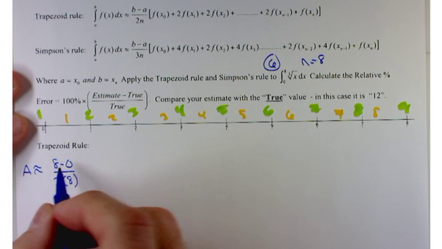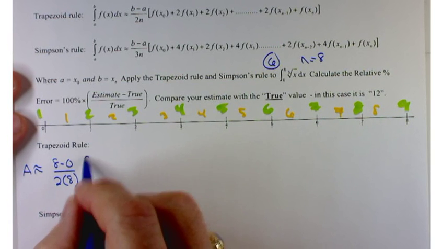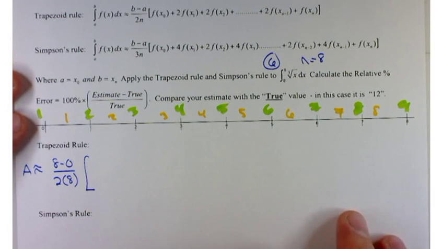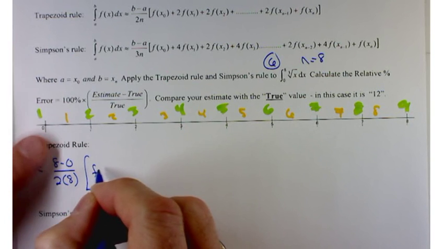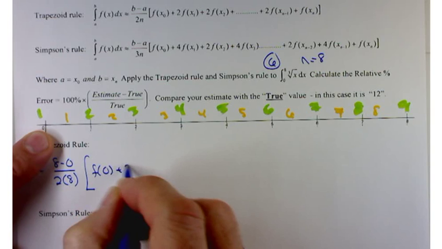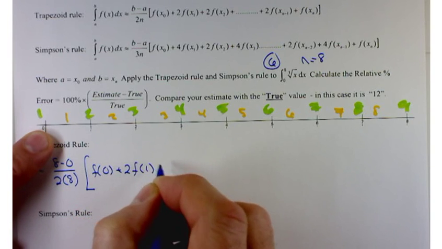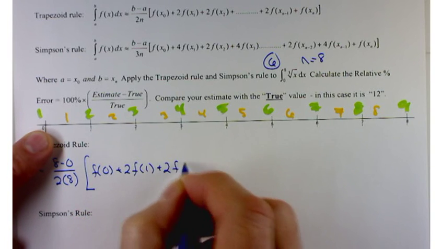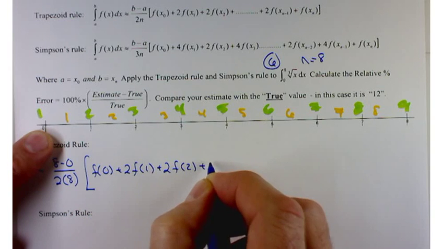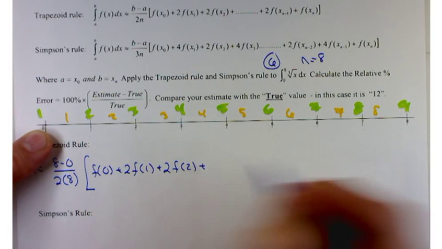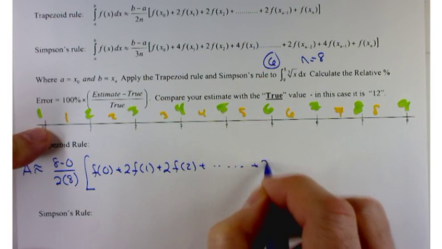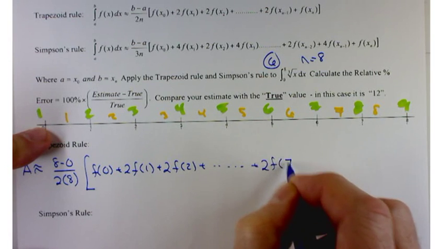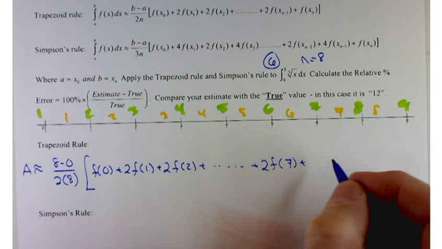This is the upper limit of our interval. Times f of 0, that's this endpoint, plus 2 times f of 1, plus 2 times f of 2, plus 2 times f of 3, all the way up to 2 times f of 7, plus f of 8.